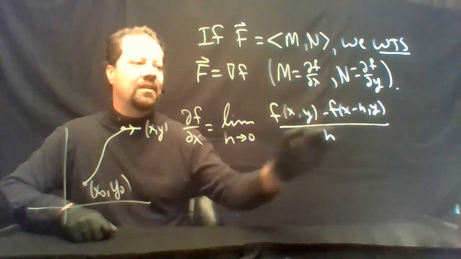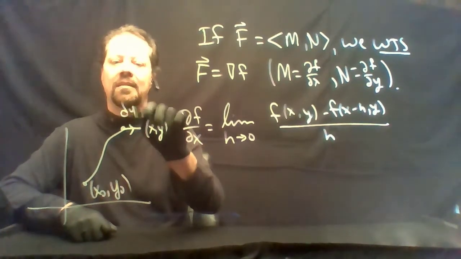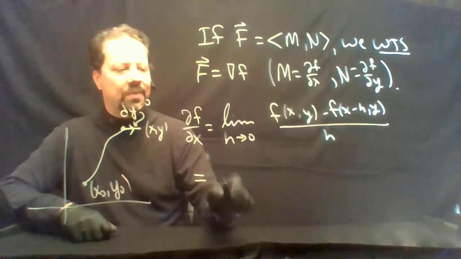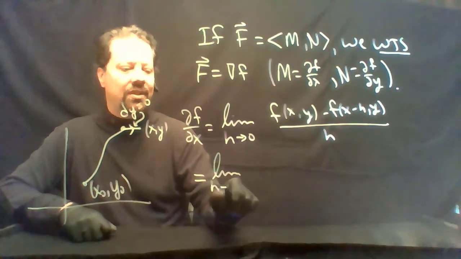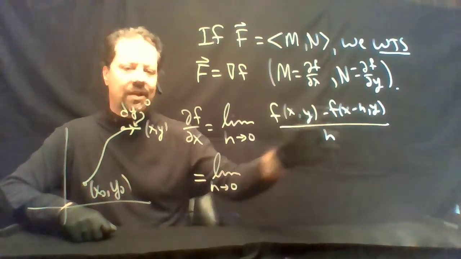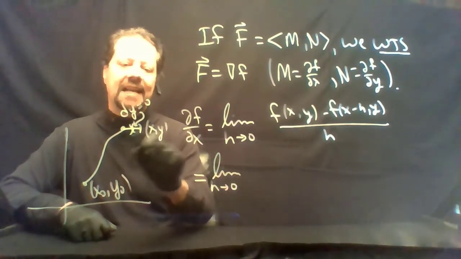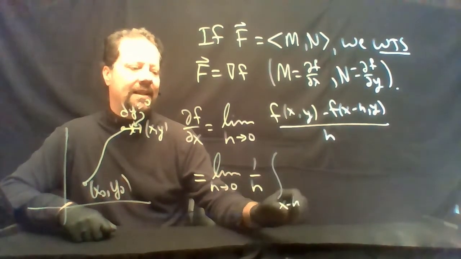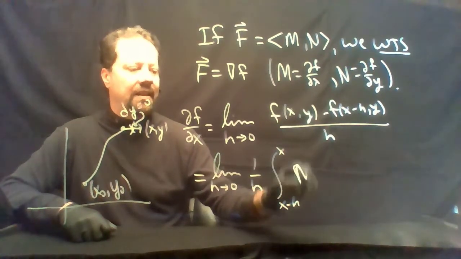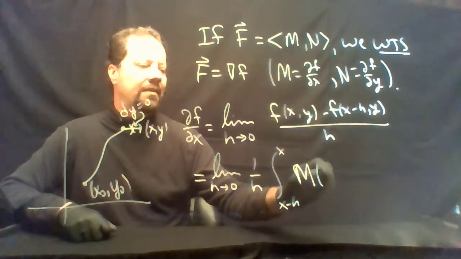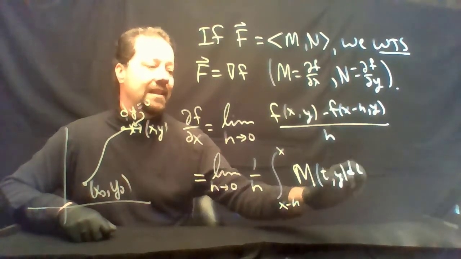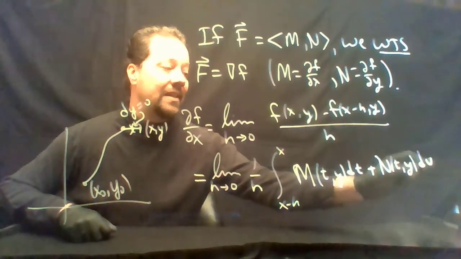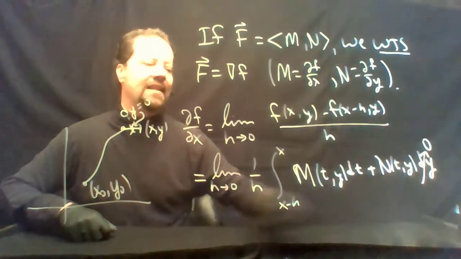In doing so, the change in y will be 0 all along that terminal path. If we subtract these two, we're just integrating on this little tiny piece of path. We have 1 over h, the integral from x minus h to x, of M of t, y dt plus N of t, y dy, which we know to be 0 along that last part.